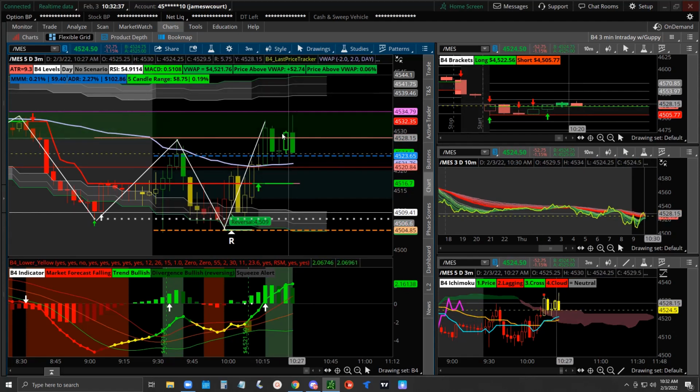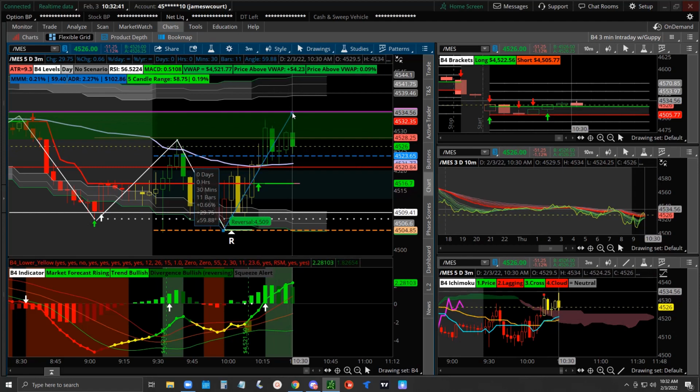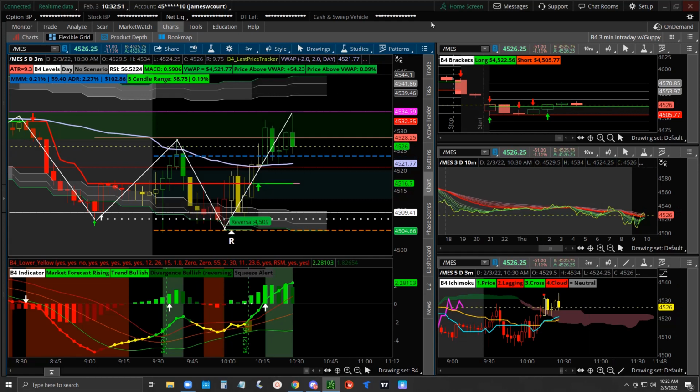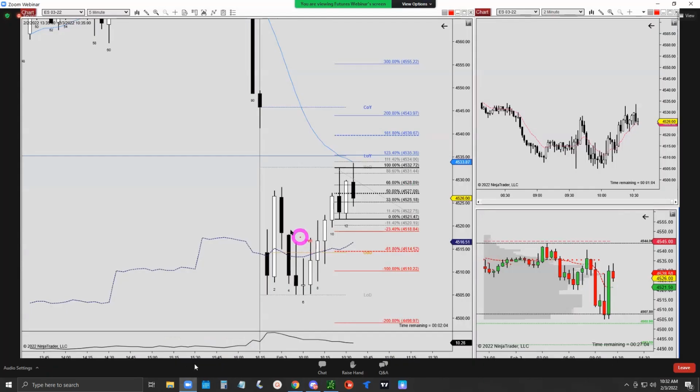But the EMA is already tagged, so bulls got what they wanted, and what you're seeing here is bar 13, basically profit taking of these bulls who bought down here. So if you were to enter here, you would have said, okay, this is the first entry, this is the second entry.